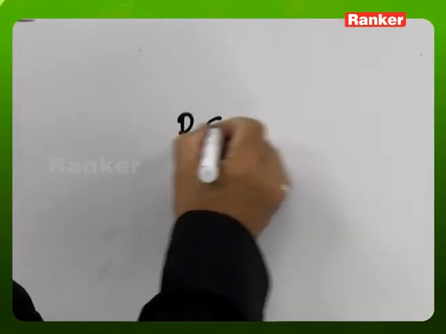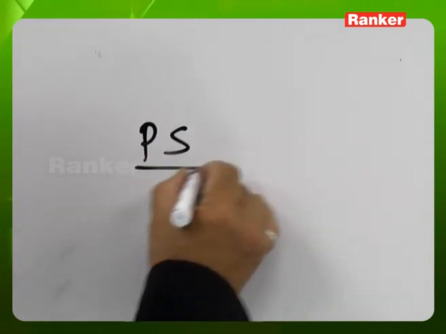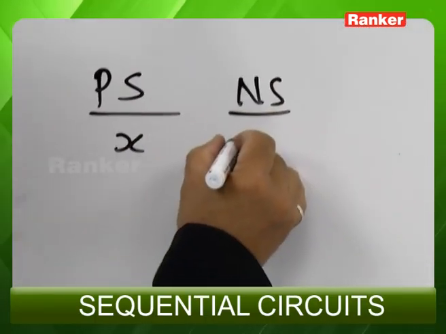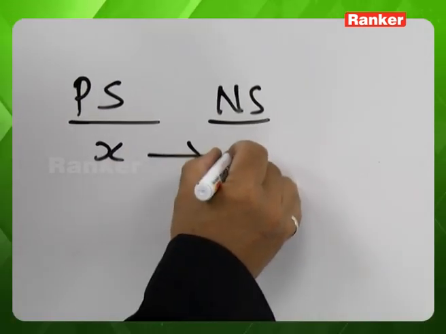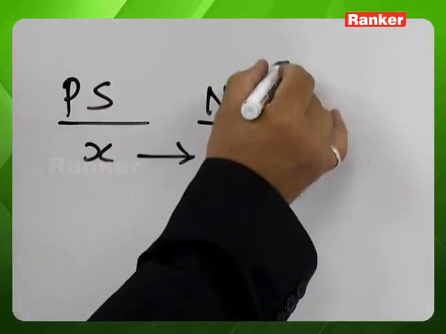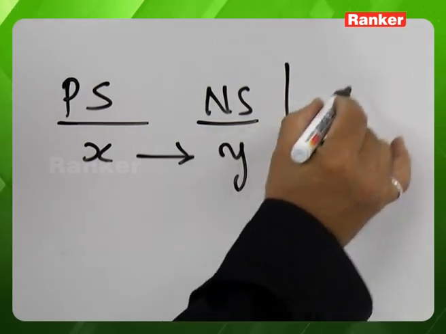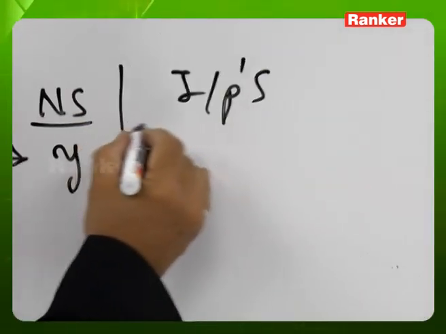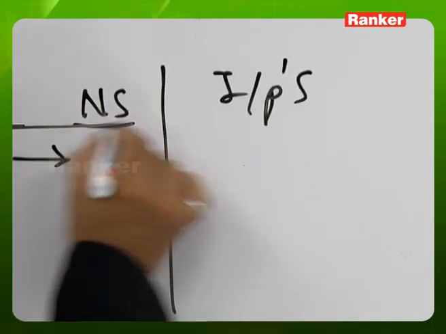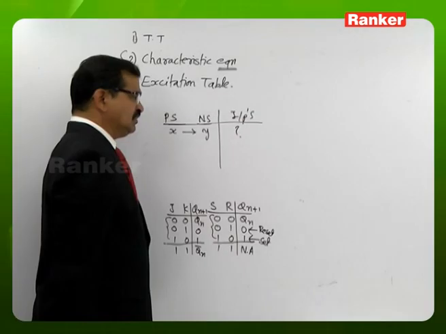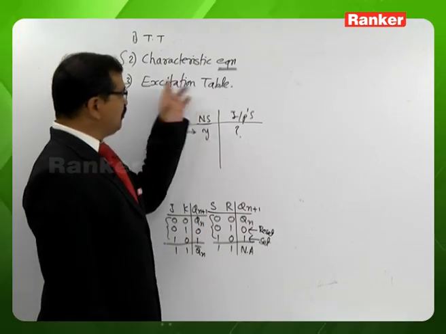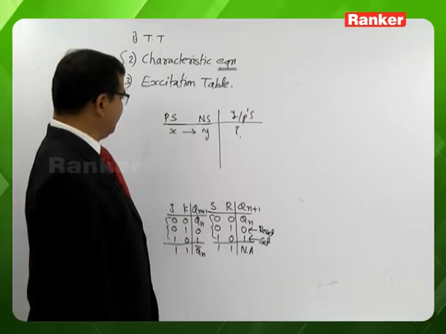If the present state of the circuit is X, while applying the clock signal we want the next state to be Y. To bring the circuit from the present state X to Y, we need to consider what must be the inputs we need to apply. Such information we want to read from the excitation table.